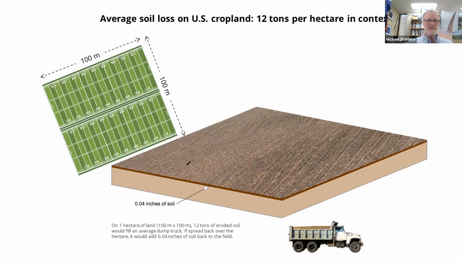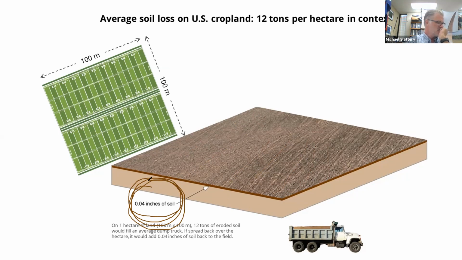That would represent a vertical loss of 0.04 inches of soil. So that's the important number here, right? So 12 tons per hectare per year, which represents the average rate of soil loss on US croplands, equates to a vertical depth of 0.04 inches.